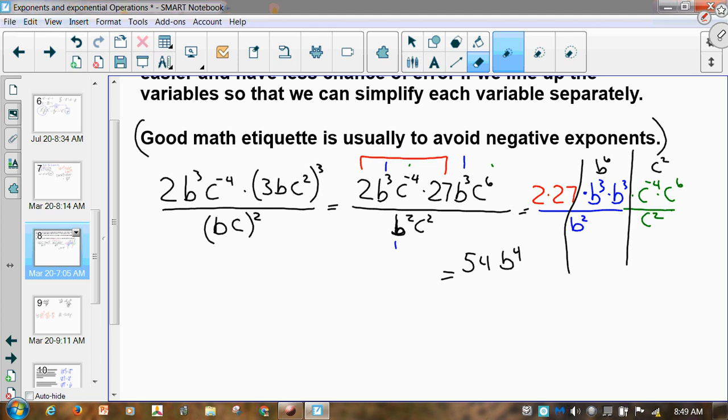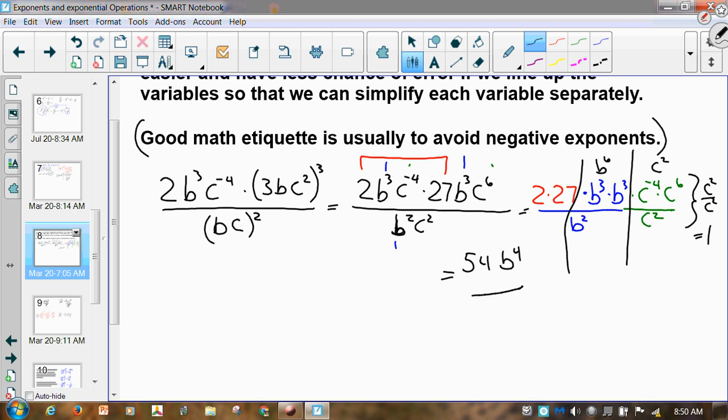Because the green all becomes 1, since it's c squared over c squared, which is equal to 1. And the 1 over here we don't have to write. You could write the 1 in there just to remind yourself that you had gone through the math, but you really don't need to.